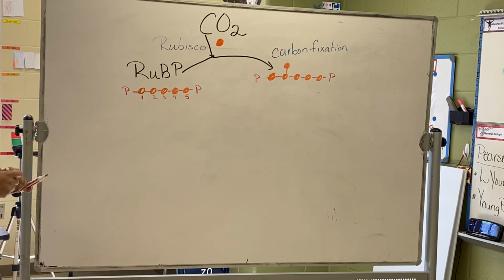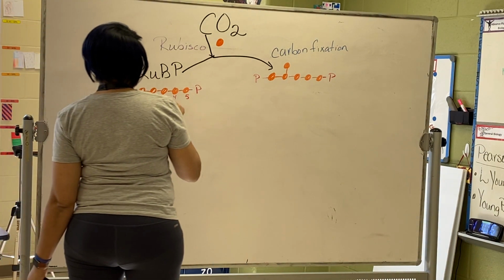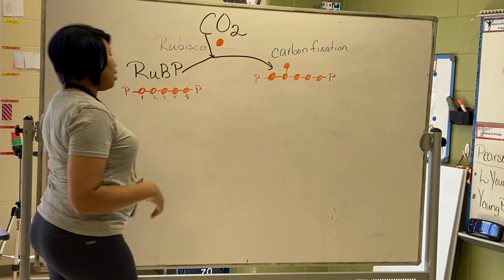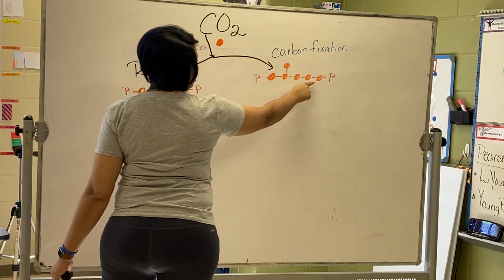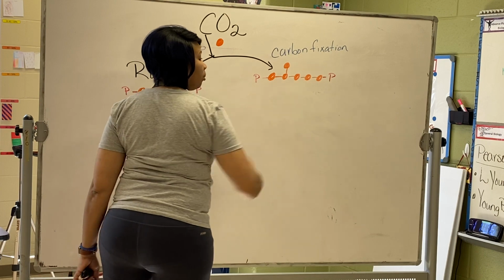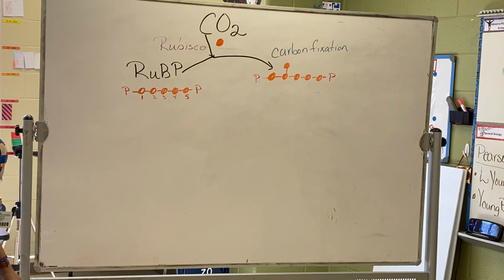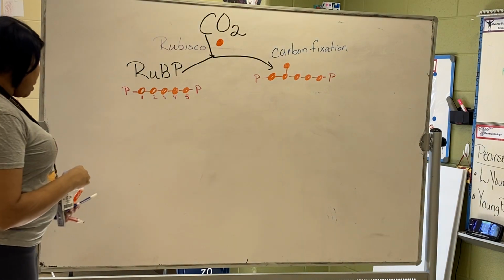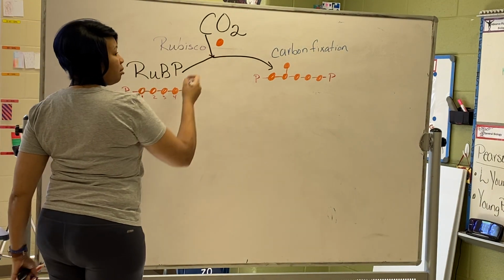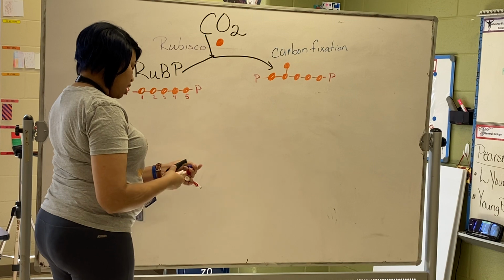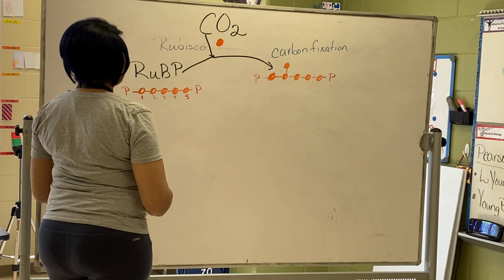Now, since this is a cycle, I have to remake this. So I can't use any of these 5 original carbons in my sugar. I'm trying to make a 3 carbon sugar because this is a C3 plant. So that means I'm going to have to do this process 3 different times, okay?